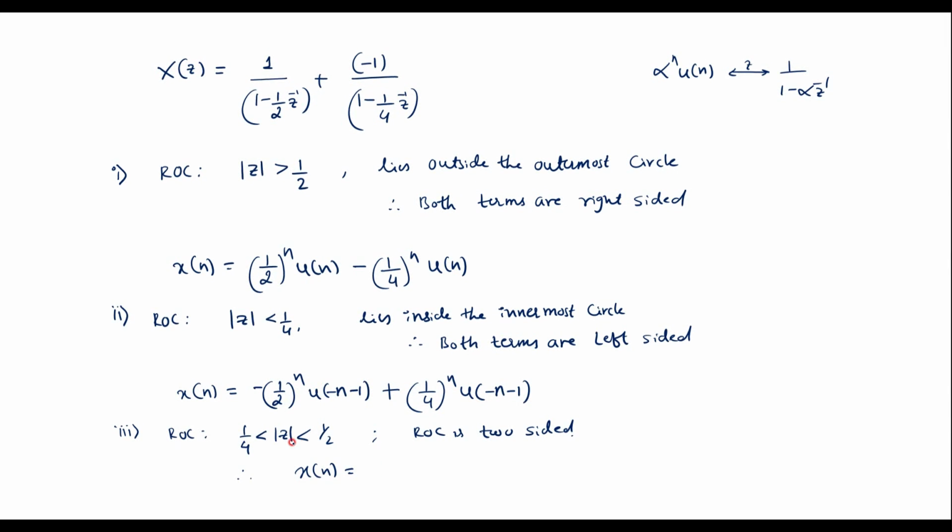Here |z| less than 1 by 2 means it is left sided, that is minus 1 by 2 power n u of minus n minus 1, plus, since |z| greater than 1 by 4 means it is right sided, minus 1 by 4 power n u of n. This is the required time domain sequence x of n.